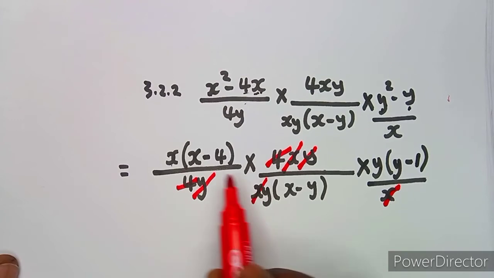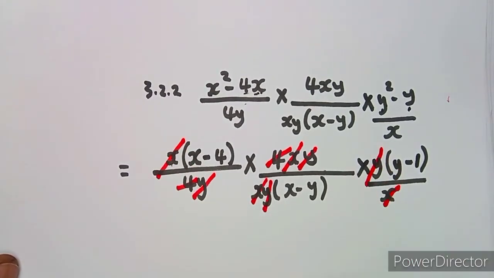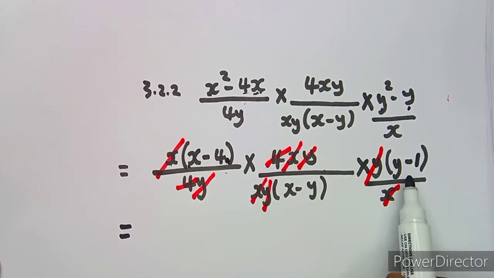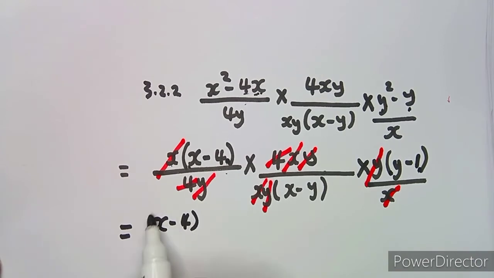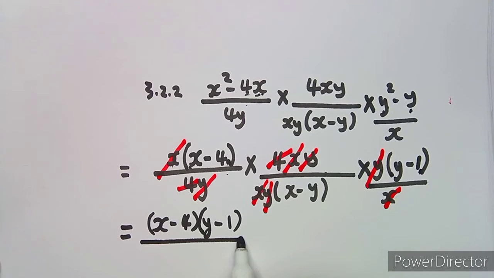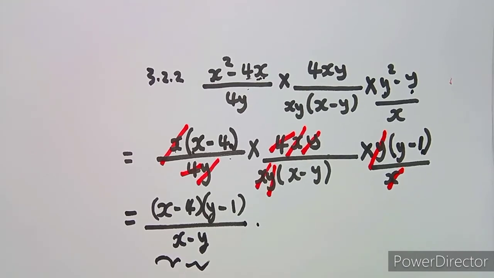So take note, we do not have anything else that is common that can cancel now, so we just have to multiply what we have on the numerator. We've got x minus 4 and y minus 1, so it's x minus 4 into y minus 1 like this, everything over x minus y. So that's what you're going to have at the end.